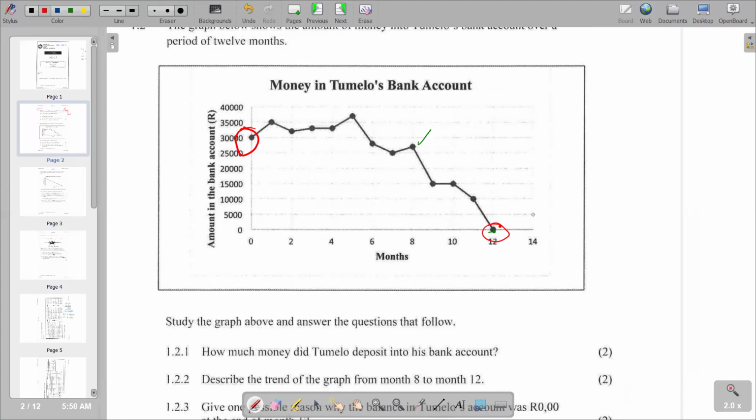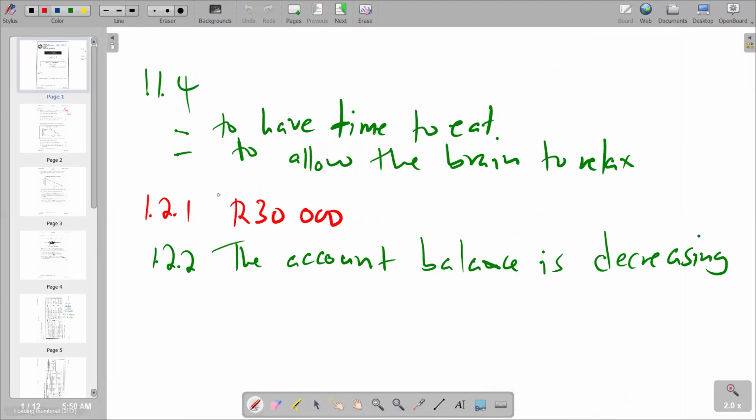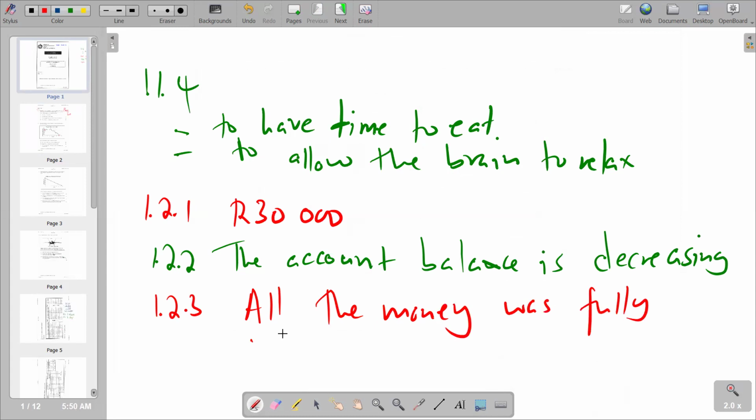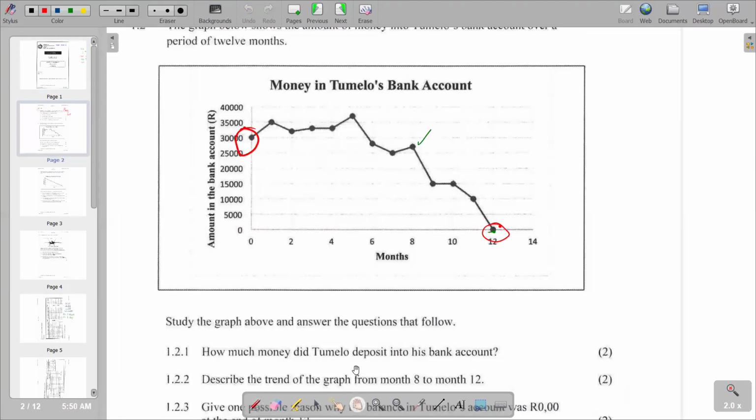It means the money that was in the account was fully withdrawn. So we can give that as a reason. For 1.2.3, all the money is fully withdrawn. This becomes the last question that we have.